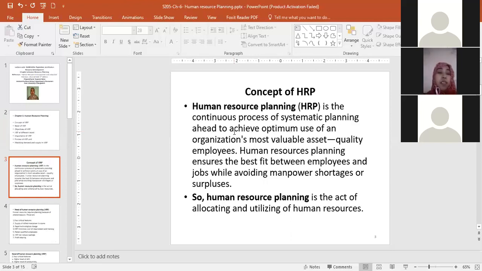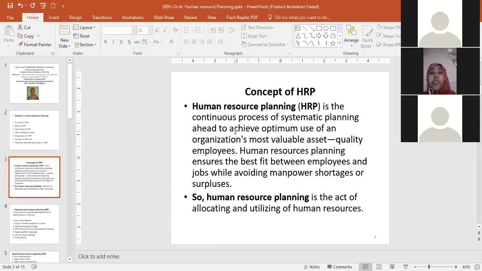Okay, so that means manpower planning relates to thinking about assembling and utilizing human resources of the right kinds and in the right number capable of performing the right jobs.